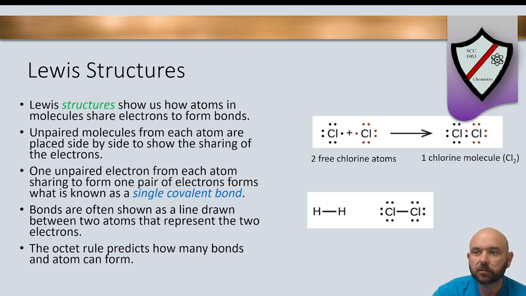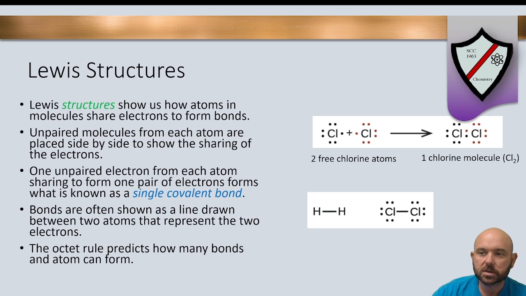We've got 2 free chlorine atoms, and if we show their Lewis dot symbols, each will have 1 unpaired electron. Well, free chlorine atoms like to bond with each other and share that pair of electrons there and form the chlorine 2 or Cl2 molecules by sharing that pair of electrons. 1 unpaired electron from each atom sharing is known as a single covalent bond.